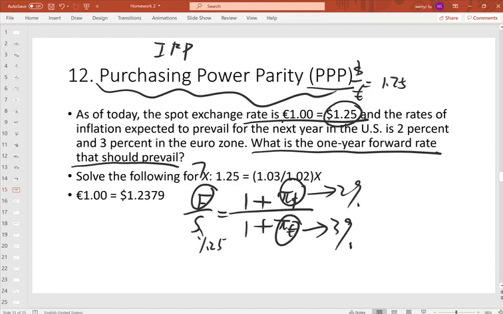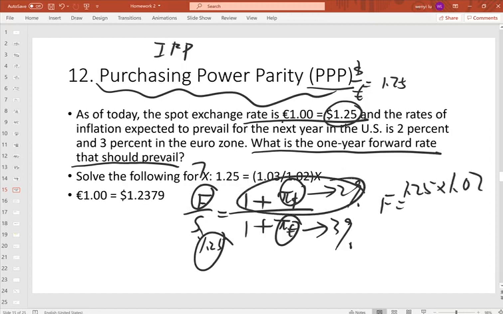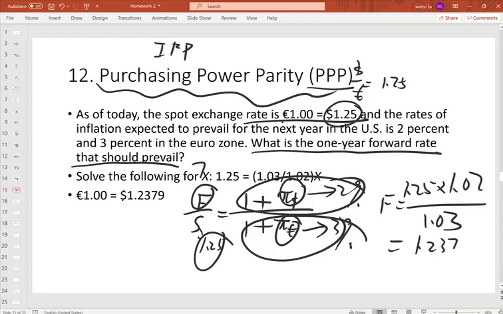So the forward rate equals 1.25 times 1.02 over 1.03, which is $1.2379 per euro. That's our purchasing power parity, to determine our 1 year forward rate.